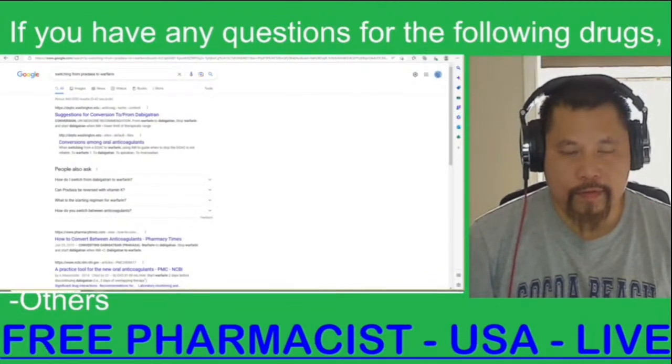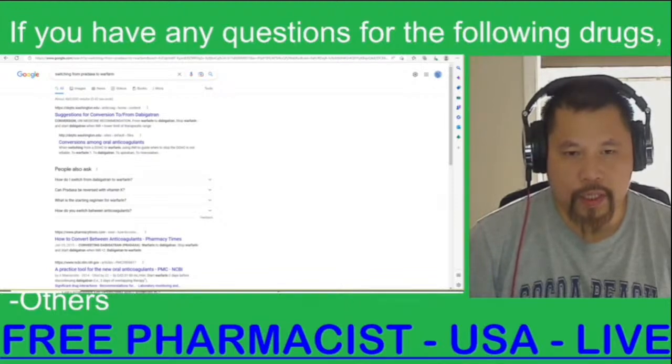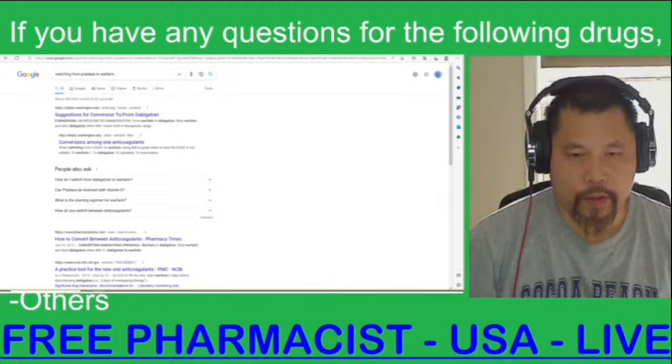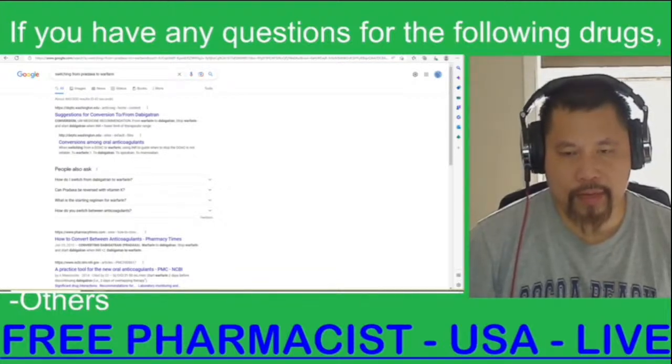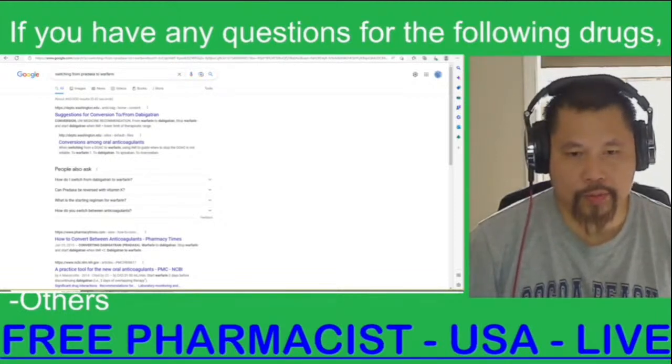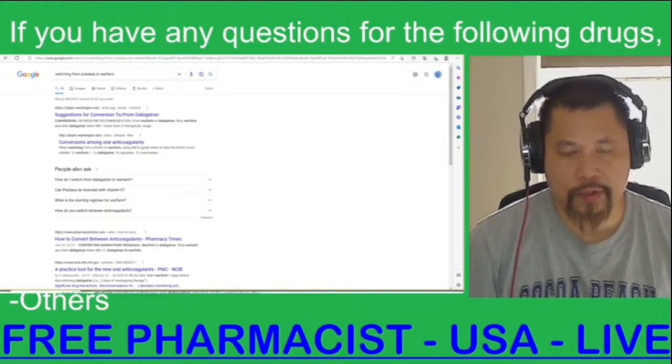Again, look at the first few websites right here. Stop warfarin and start Dabigatran when INR is less than 2, below the therapeutic range. Pharmacist.com recommends stop warfarin and start Dabigatran when INR is less than 2.